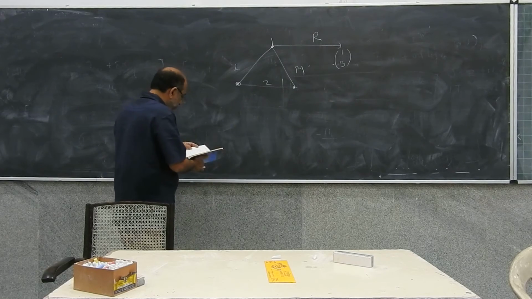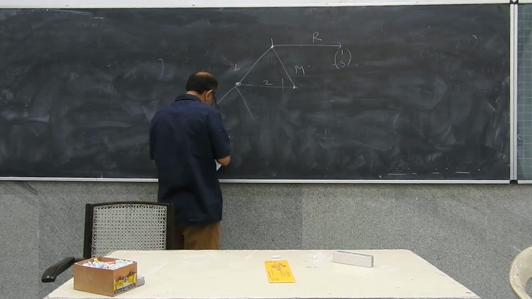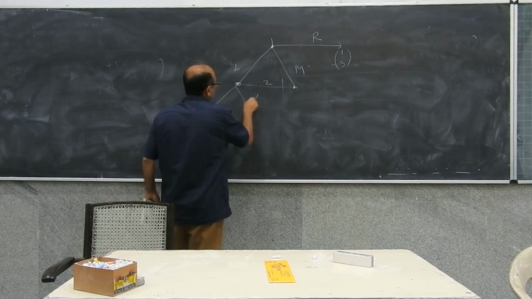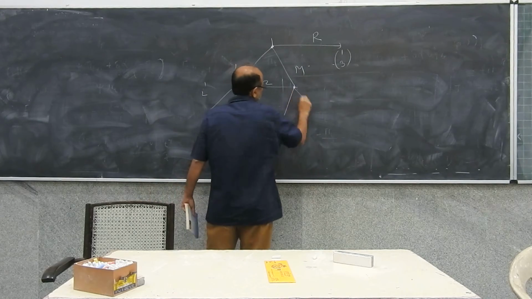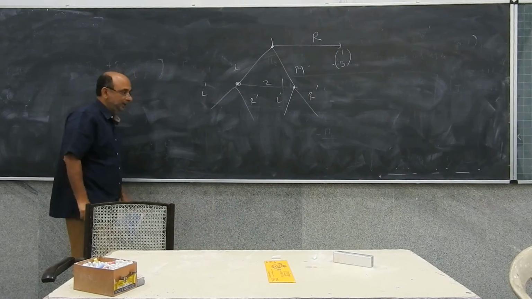Player 2 then has to choose. So player 2 can choose L dash or R dash. Similarly here, L dash and R dash.